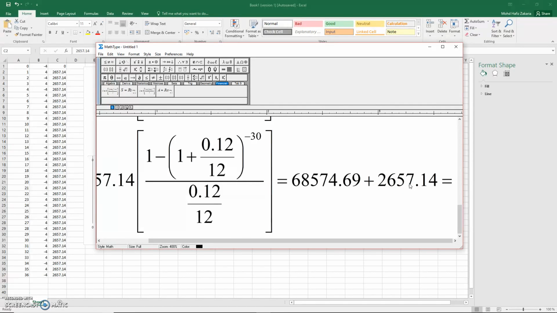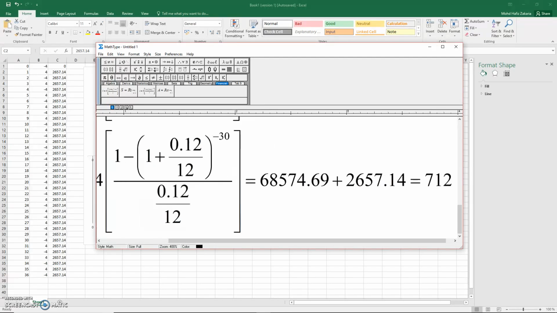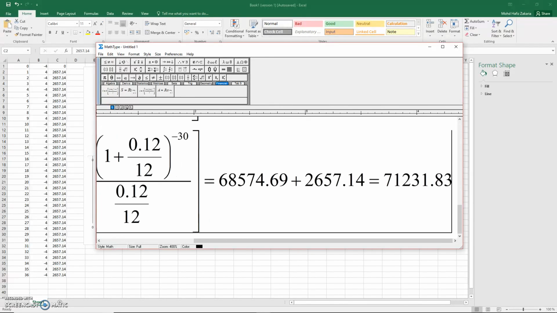You should get 71,231.83. Let me check: plus 2657.14, yes. So this is the total amount that needs to be paid at the sixth payment. As you can see, the later you make the settlement, the bigger the amount you need to pay.